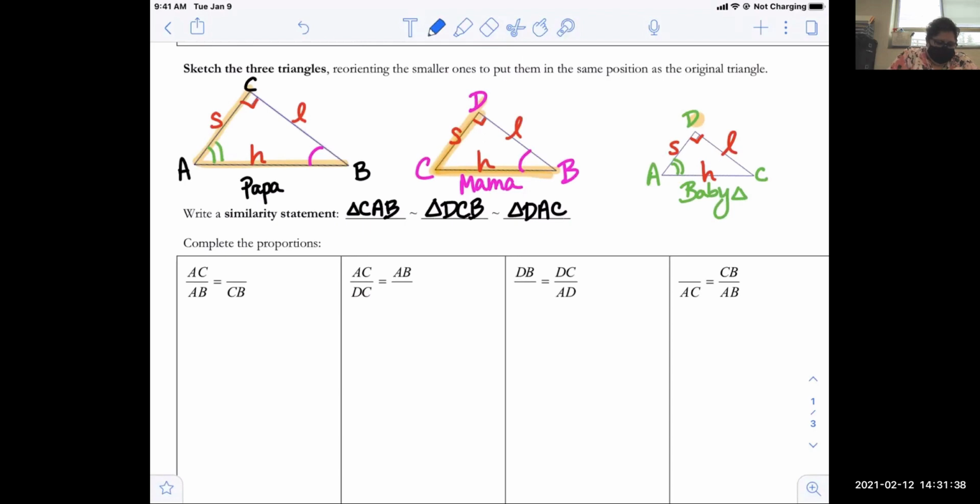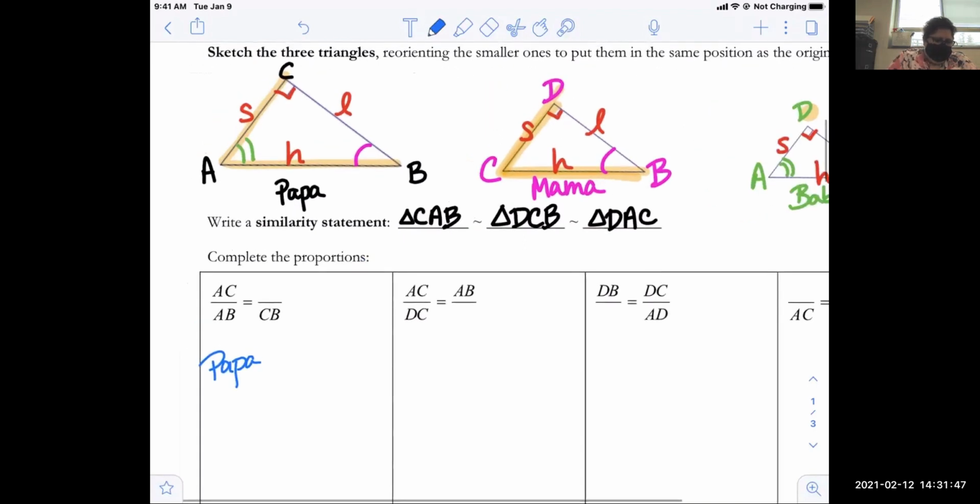Okay, Papa Triangle. And in Papa Triangle, AC is which side? Is that short, long, or hypotenuse? That's the short. And then what about AB? That's the hypotenuse.